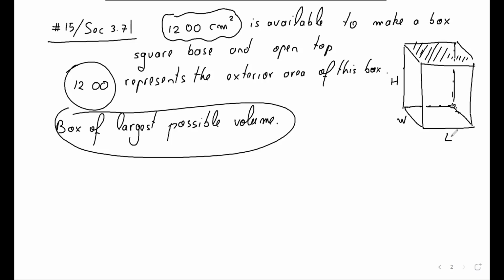So there are three things that I need to identify for this particular box. The thing I need to be careful about is that I have too many variables. So my first goal is to reduce the number of variables, to somehow correlate these H, W, and L, and put them together in a way that allows me to write an equation and maybe solve for one of them.